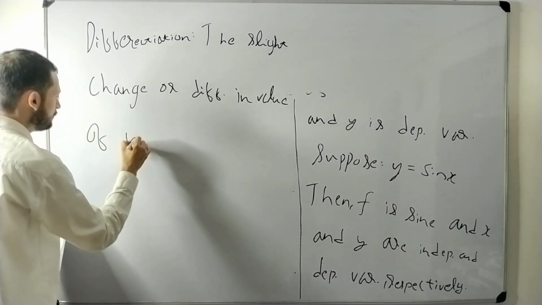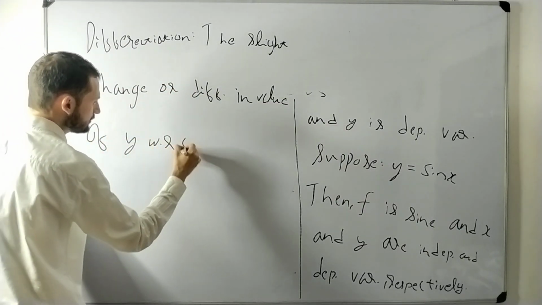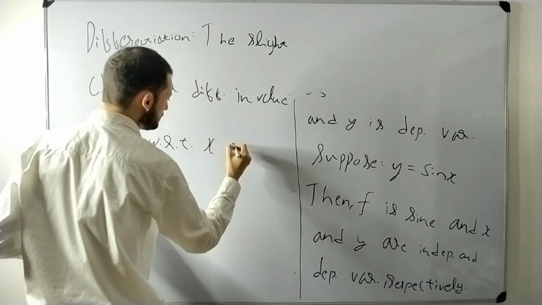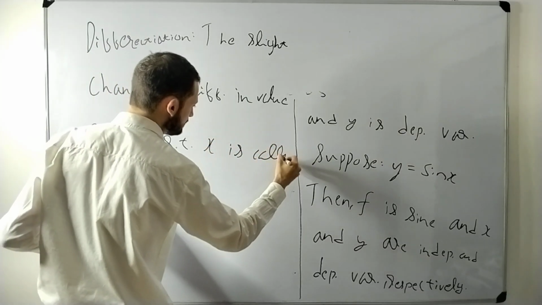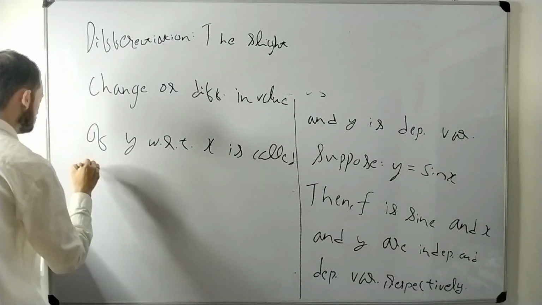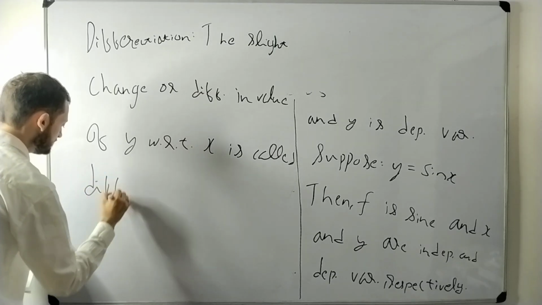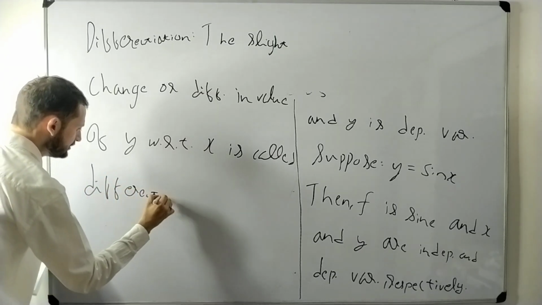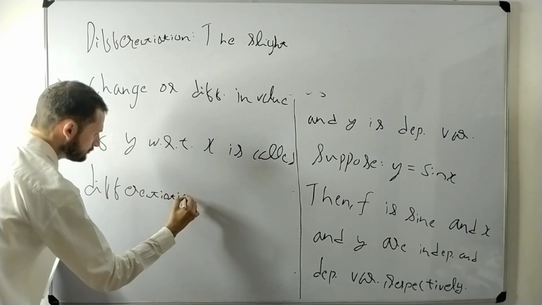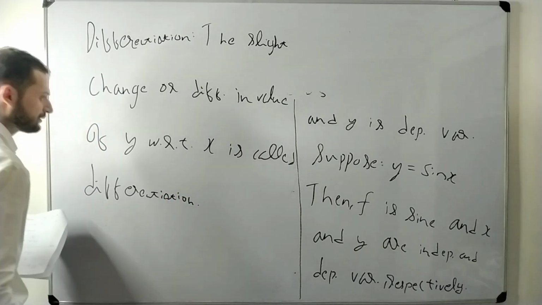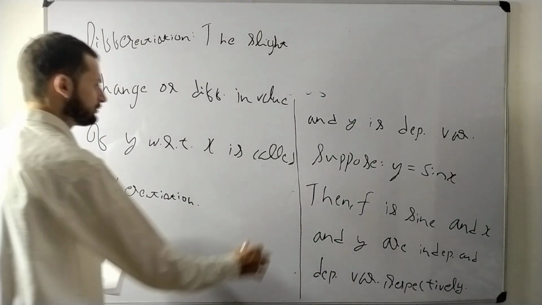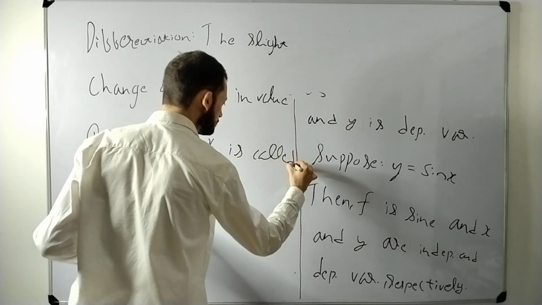Of y with respect to x is called differentiation. This is the simplest form, and this is actually the definition of differentiation. Okay, students, it's called differentiation.